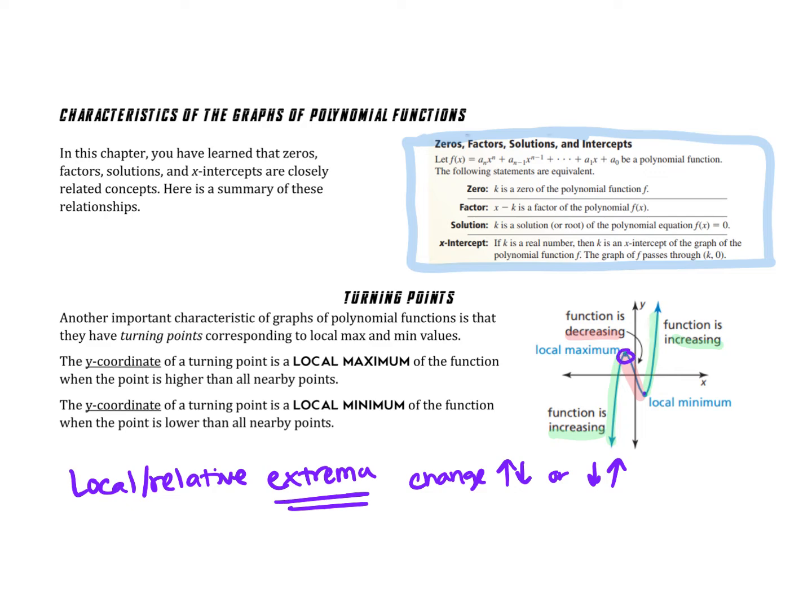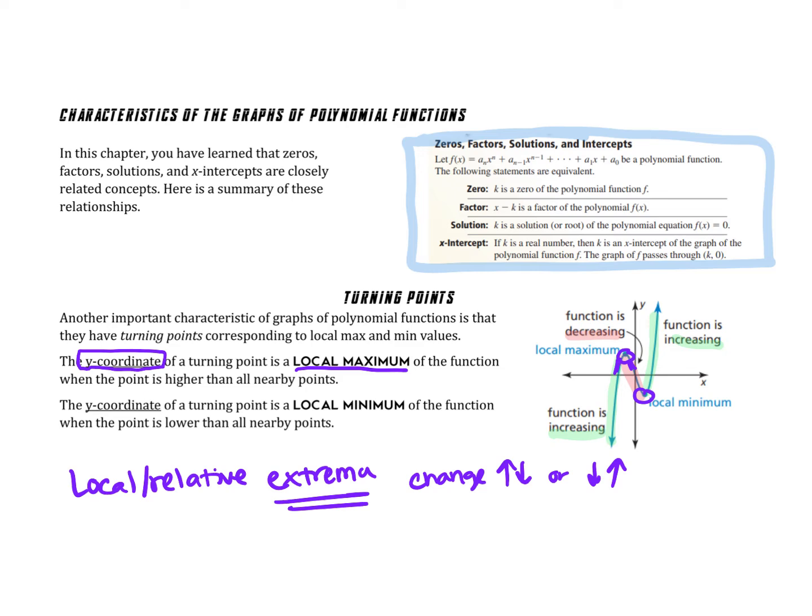So these points here are relative or local extrema, and they have specific names. When it's the highest point, it's called a local maximum. So the y coordinate, this is really important, of a turning point where we're turning around is called a local maximum of the function when it's higher than all of the points in the general neighborhood. So everything to the left and to the right of it.